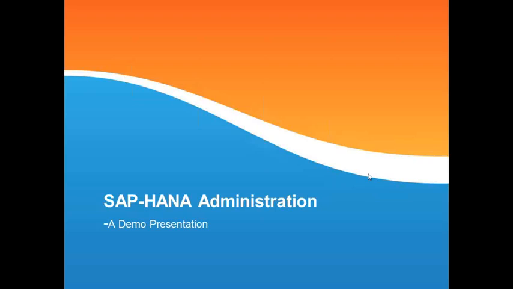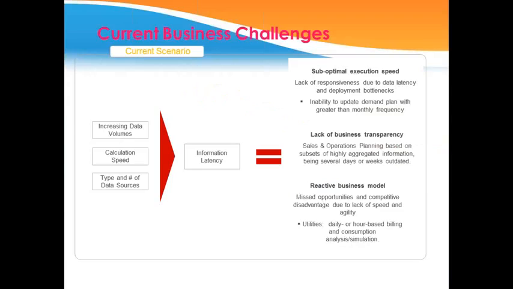No issues. Before looking at the need of HANA, first we will see the current business challenges. As per one analysis, going forward, every 18 or 24 months, our data becomes double in regular business scenarios.